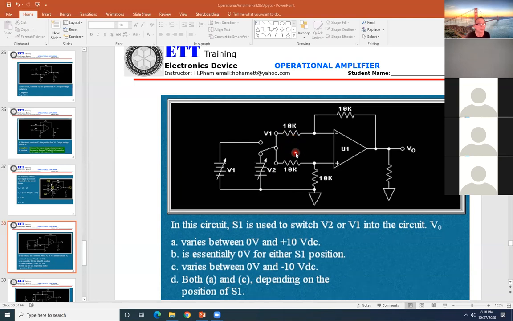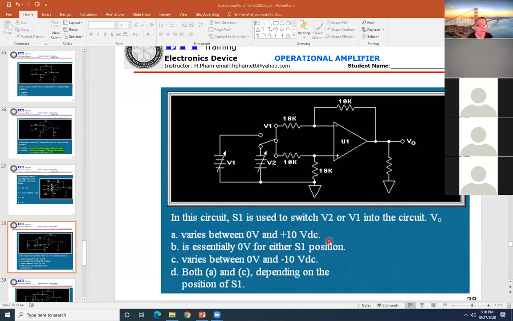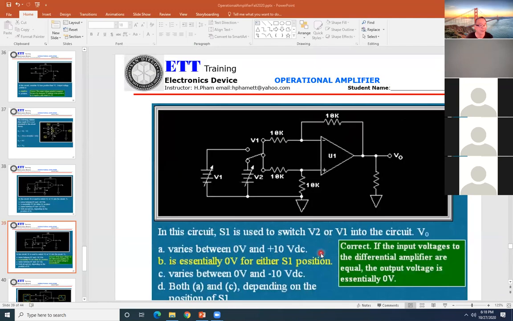Yes. And you say B, correct? Essentially 0 volt for either S1 position. The thing is that will be a common mode, right? They get the same voltage, so the output has to be 0.